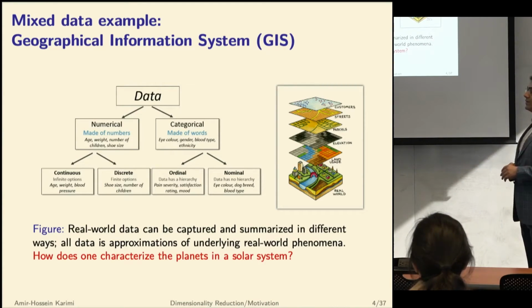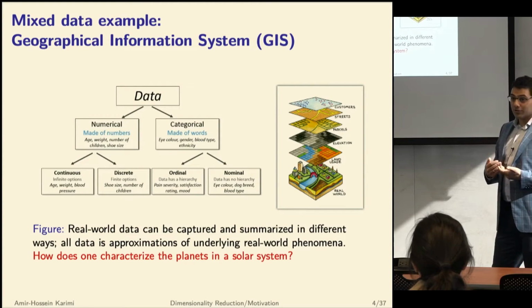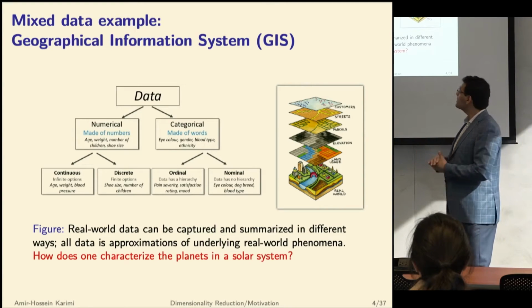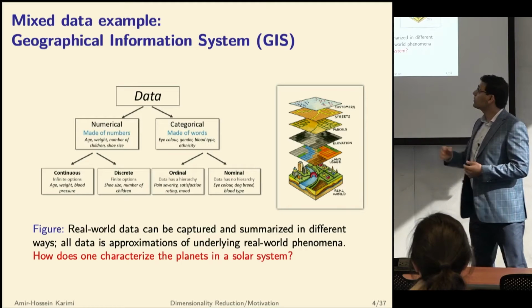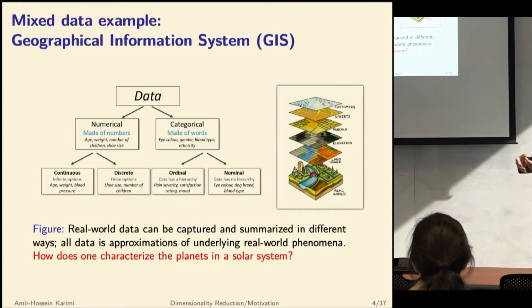And on the other branch, when we have categorical data, we can either have a natural ordering to them, such as the first person who was hired in the department and then the second person who was hired, or we can have nominal categorical, which is different maybe types of faculty that exist, teaching faculty or systems faculty, et cetera.